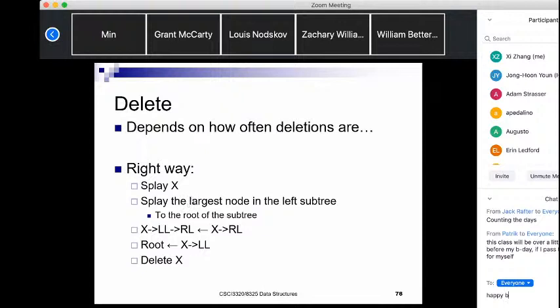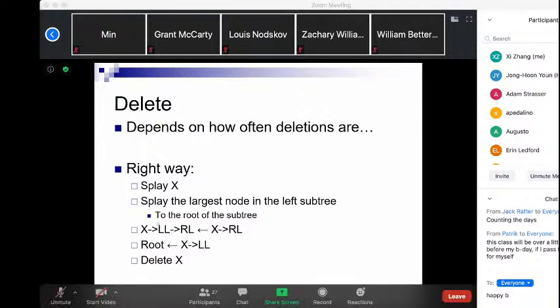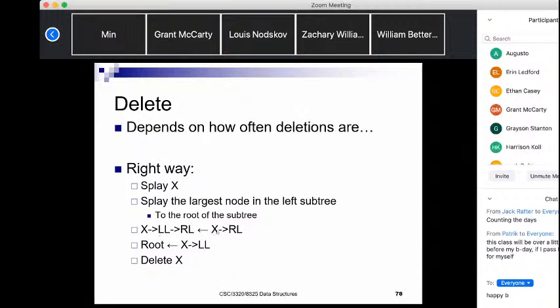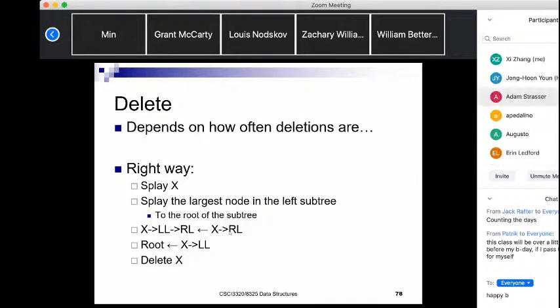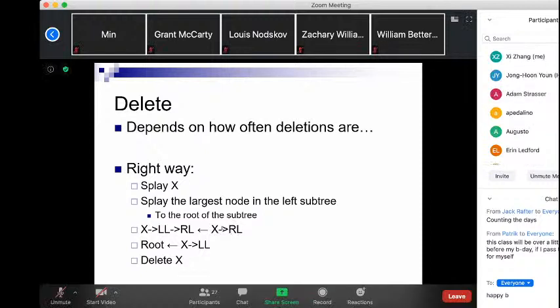And then make the largest node in the left subtree become the root of the left subtree. Once you have that, we'll bypass X by making the right child of the largest node in the left subtree become the deleting node's right child. Because of that, we can bypass X.